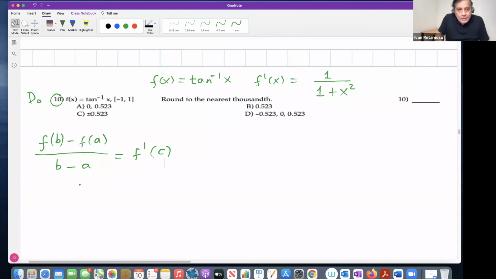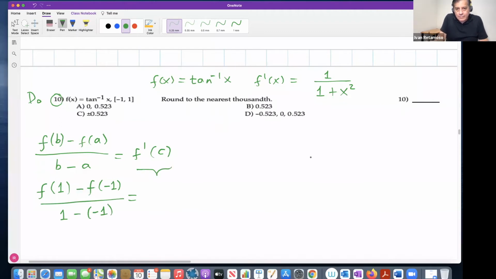Try to do this. Maybe I should write also this. F at B is 1, F at A is -1, over B minus A, 1 minus -1. Be careful with this, guys. Minus or minus plus, right? And this is the derivative. This derivative, you get from here, right?